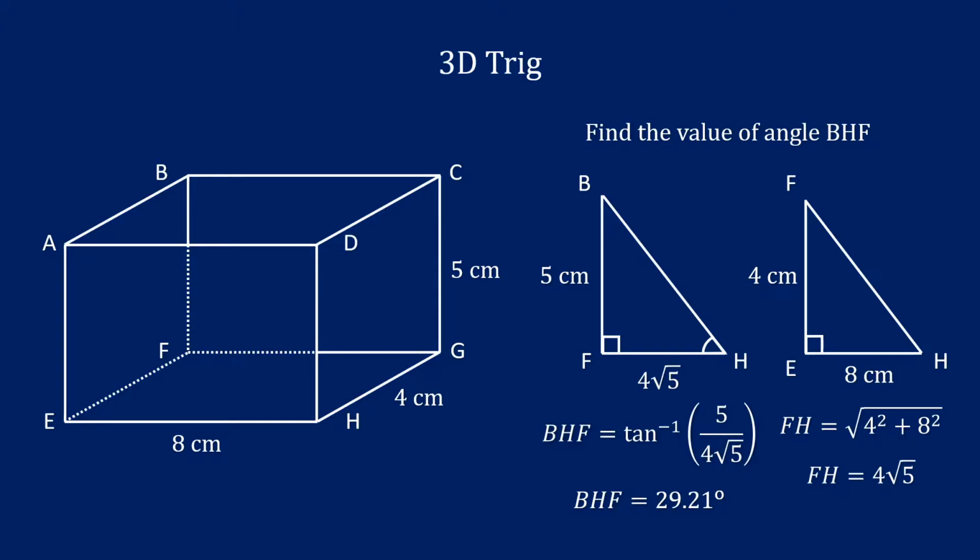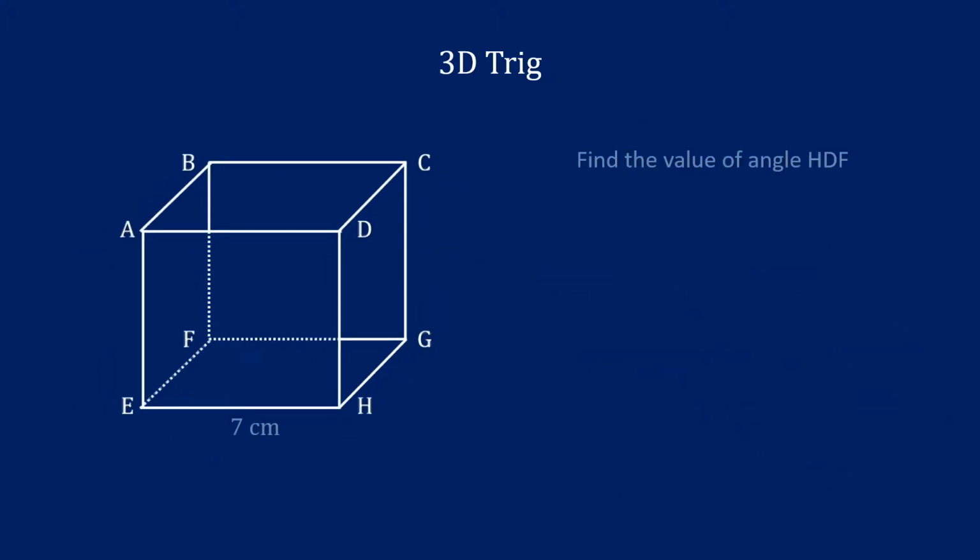All right, let's try a couple of questions. Same thing, if you want to follow with here, that's fine. But it's always going to be, get your triangle that contains whatever the question is asking you. That triangle is going to be missing a piece of information. You're going to use another triangle to find whatever information you need for your first one, and then finish the question. Cool?